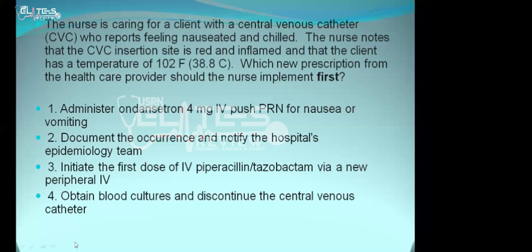And then it would rule out option 3, which says we should administer IV piperacillin or something of that sort, which would possibly be an antibiotic. And then I would want to discontinue the central venous catheter using the venous phlebitis rule.